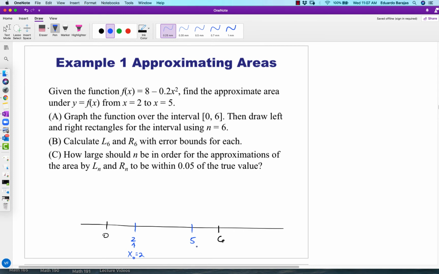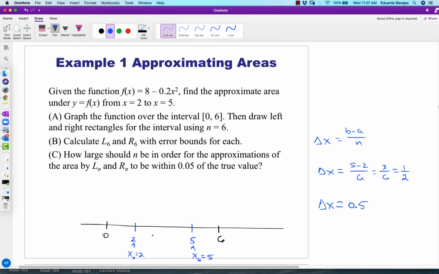And x sub n, where n equals 6, is equal to 5. So x sub 6 is going to be equal to 5. And in between, the delta x is going to be equal to our formula, b minus a divided by n. So delta x is going to be equal to 5 minus 2, which is 3, divided by 6, which will equal 1/2. So delta x equals 0.5, or 1/2.